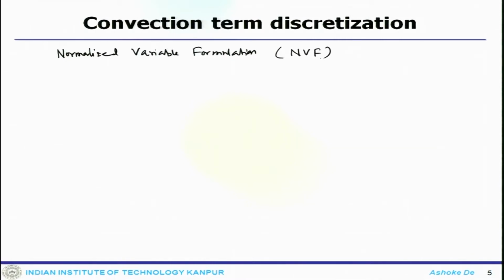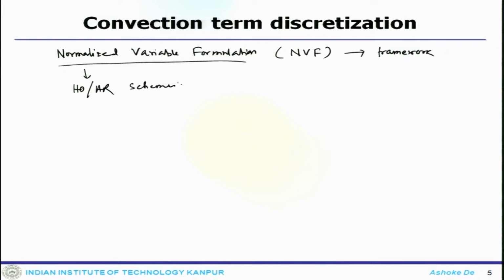So, these higher order resolution schemes can be coined using this concept of normalized variable formulation. This is the framework which can be used for description as well as analysis of higher order high resolution schemes.